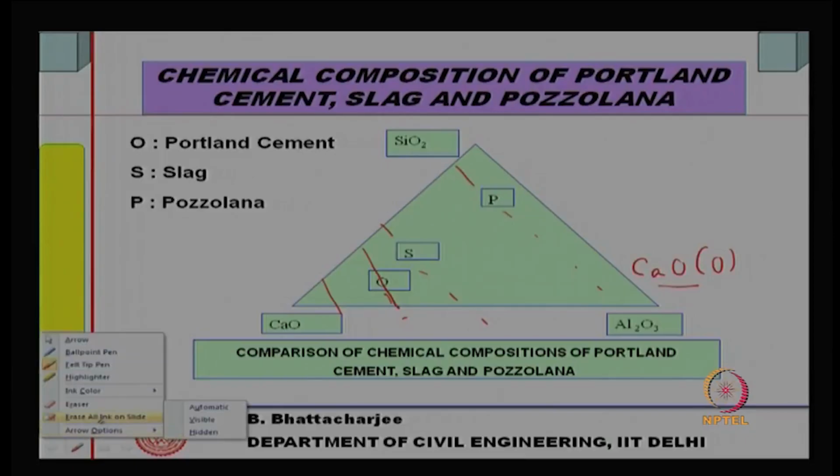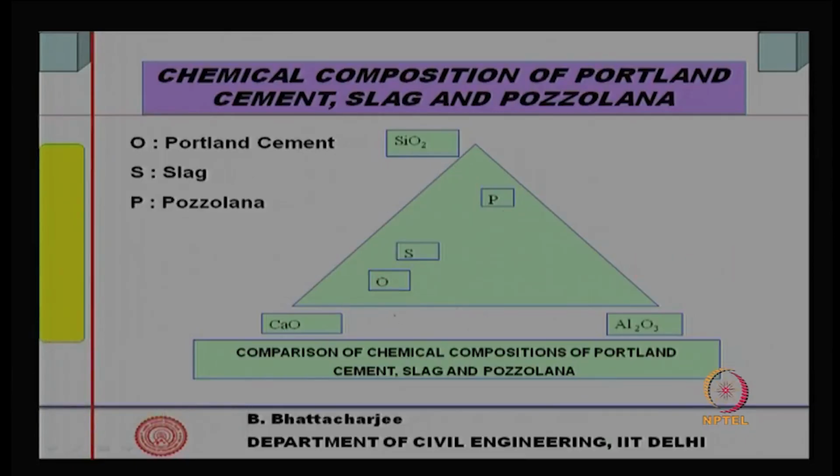For SiO2, 100% is here, pozzolana has maximum SiO2, and slag still has more SiO2 than OPC. Aluminum oxide is 0 here and 100% here, so all have low Al2O3. So, you see that the oxides are the same, only the proportions differ, and this diagram also shows the same thing.